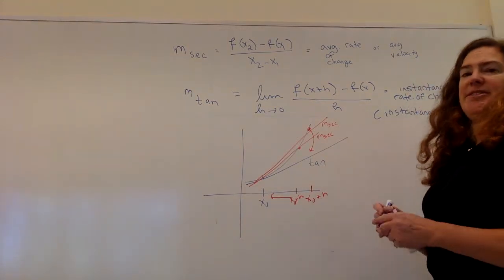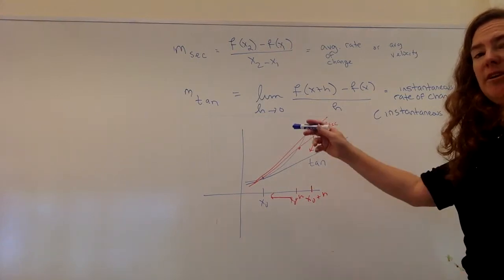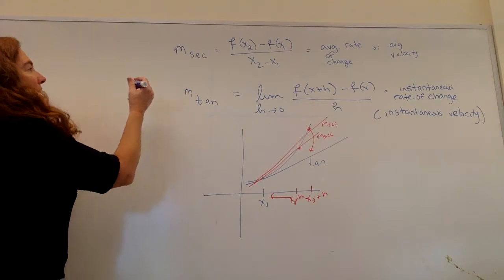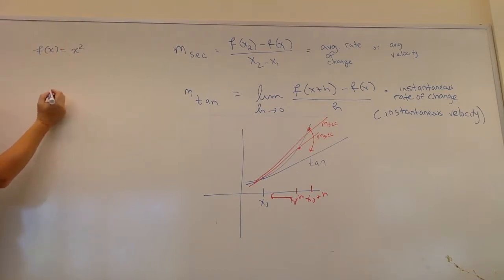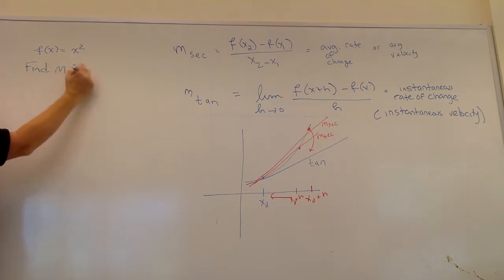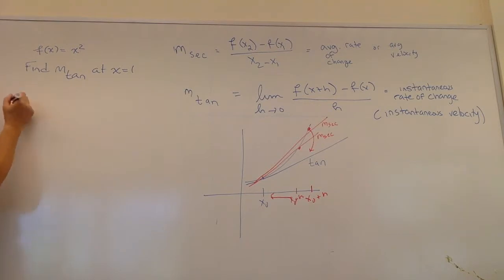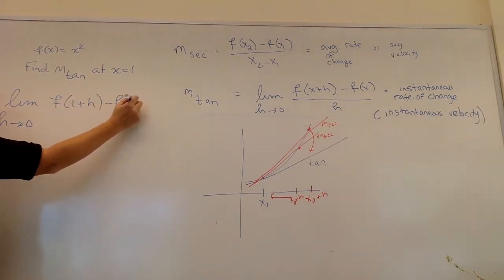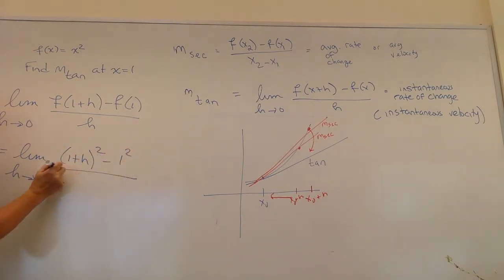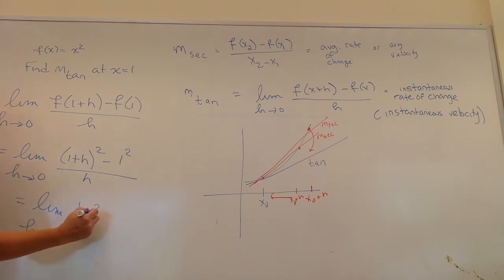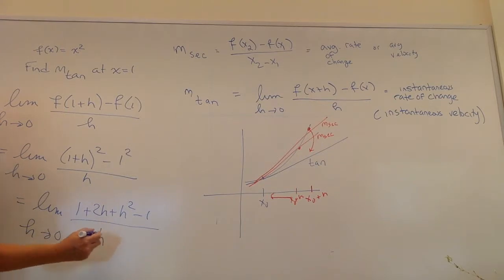Well, and you remember one other thing. We said if we use this formula at a specific point, so I'm going to come over here for a minute, if we had f of x equal to x squared, and I wanted the slope of the tangent line at x equals 1, we knew I could take the limit as h approaches 0, f of 1 plus h minus f of 1 all over h, which was equal to the limit as h approaches 0, 1 plus h squared minus 1 squared over h, which was equal to the limit as h approaches 0, 1 plus 2h plus h squared minus 1 over h.